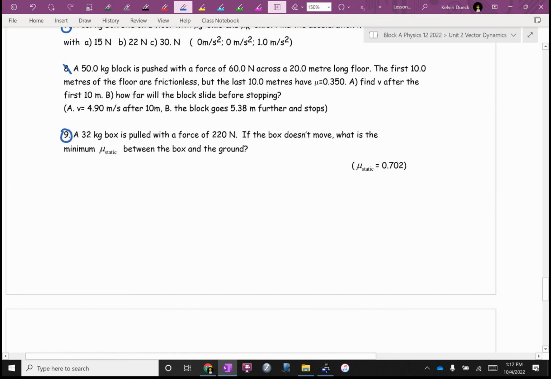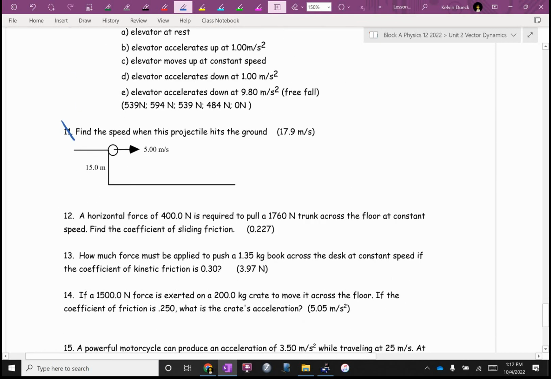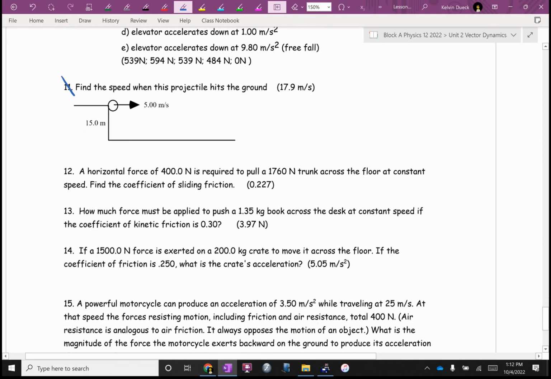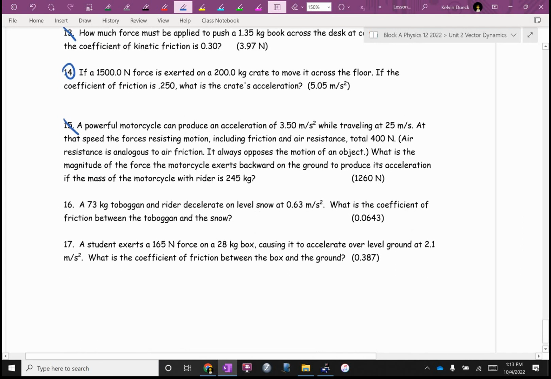Yeah, 9. 10 is good, but you can skip 11. 12 is good. You can skip 13. 14 is good. Skip 15. 16 is good. Skip 17.